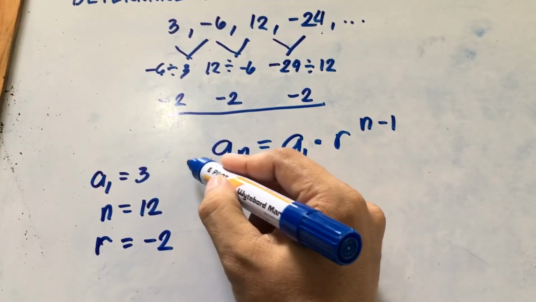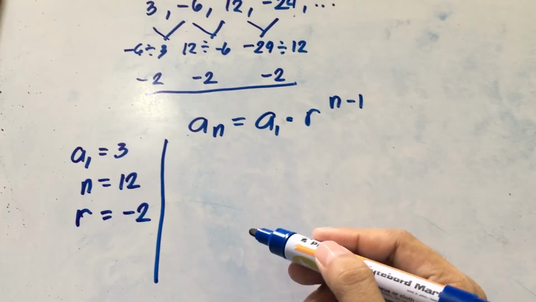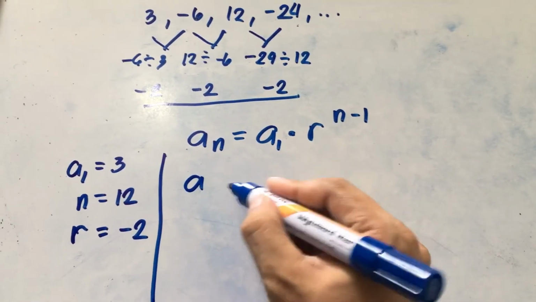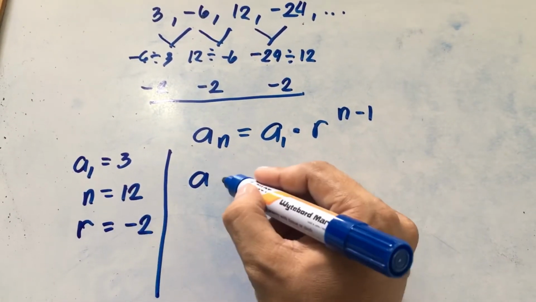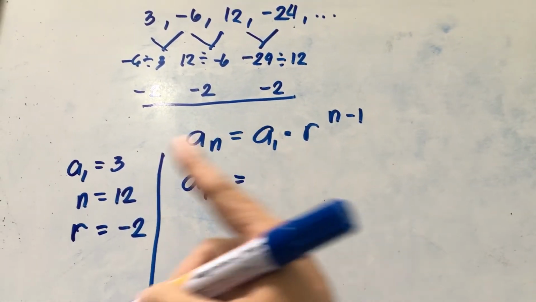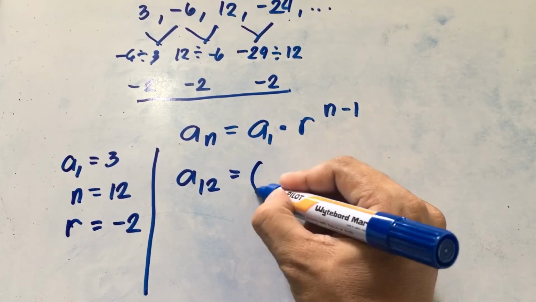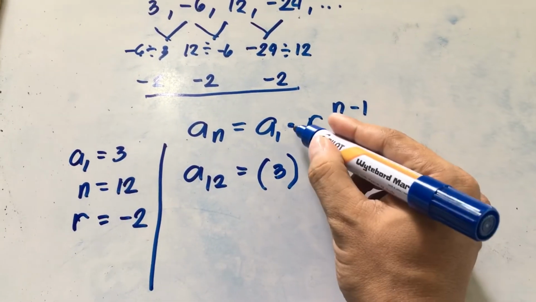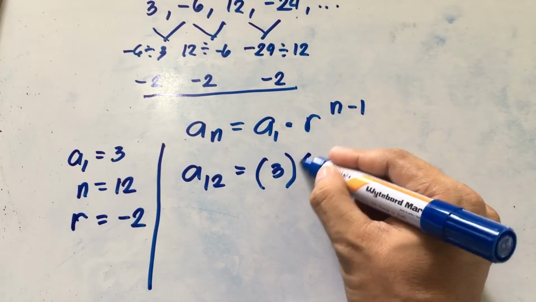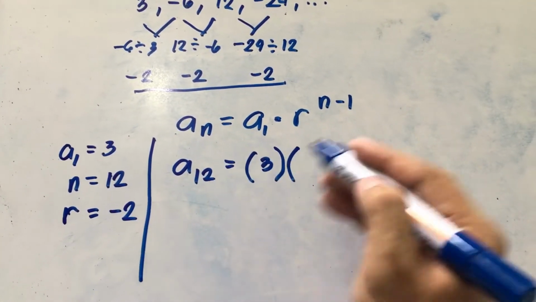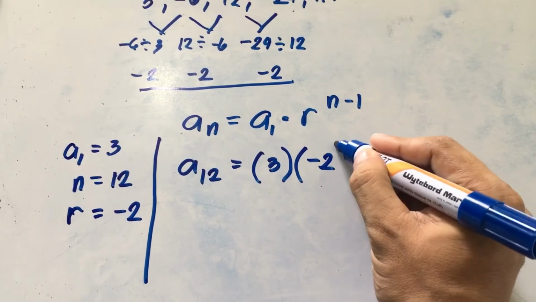So therefore, we can now solve our problem by substituting the indicated values. So a sub 12 indicates the 12th term. Your a sub 1, the first term, put it inside the parenthesis, 3. We change the dot into a parenthesis as well to indicate the r, which is the common ratio, negative 2.